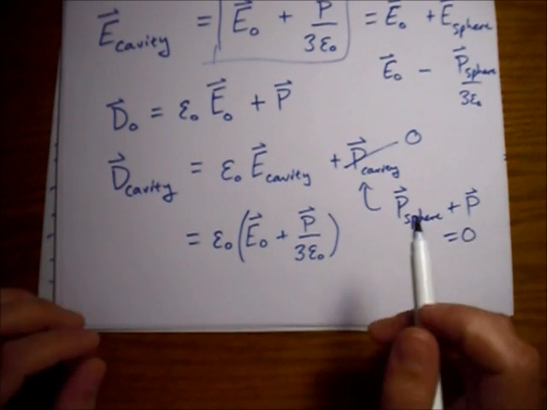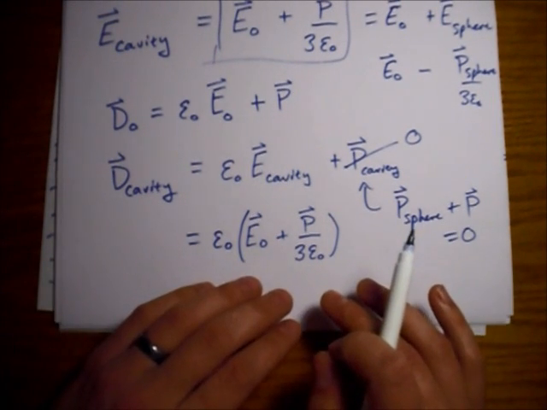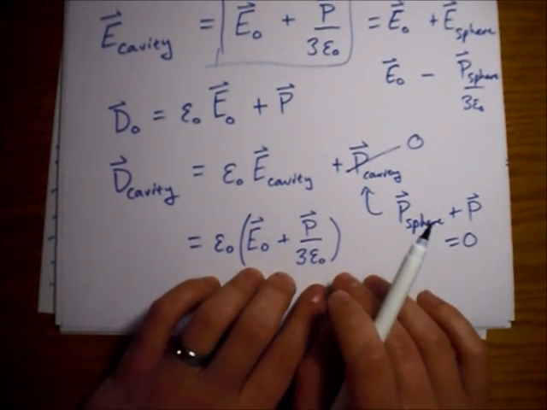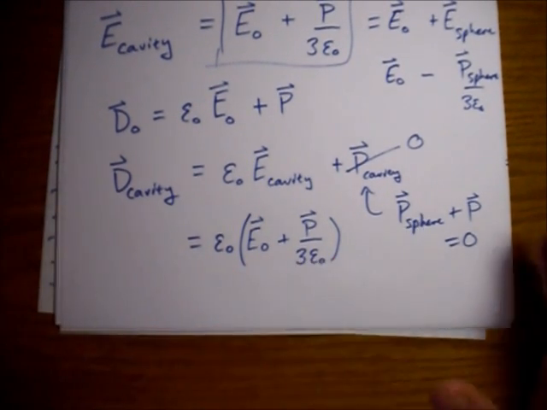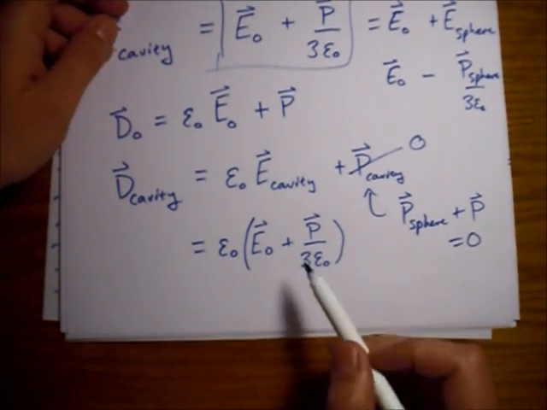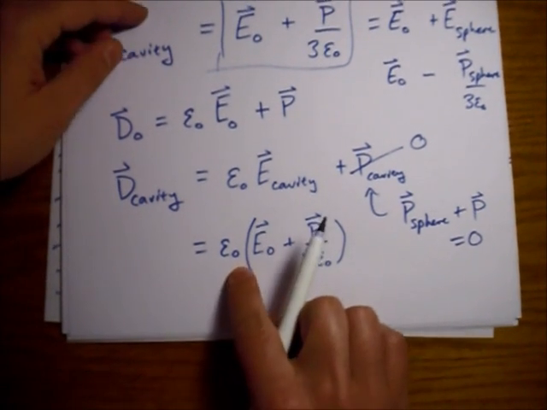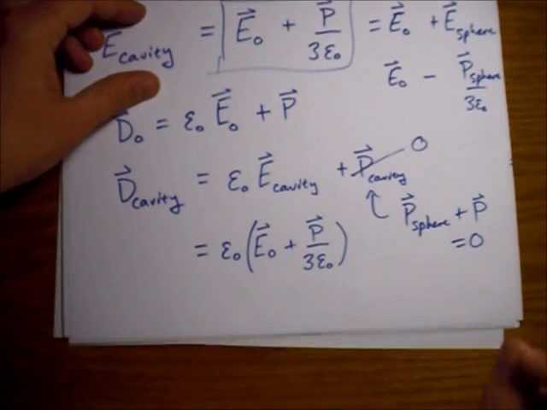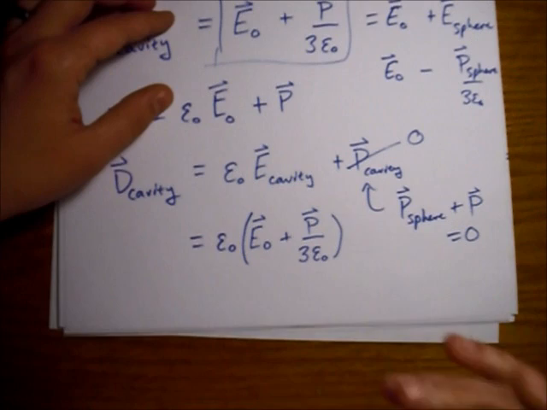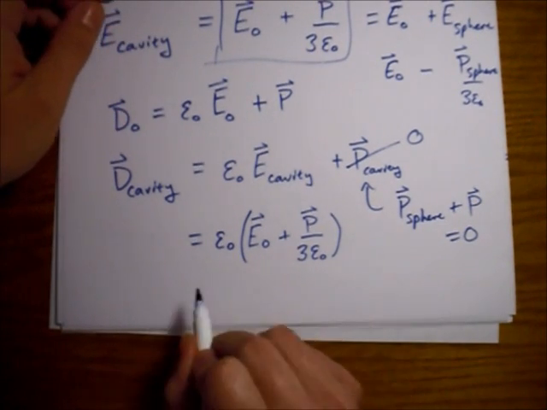We're now in terms of the original variables that Griffiths gave to us in the problem. We could put this in terms of D naught as well. What would that be?